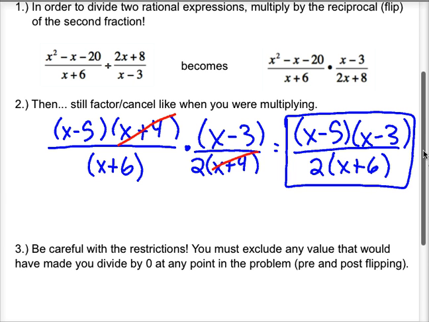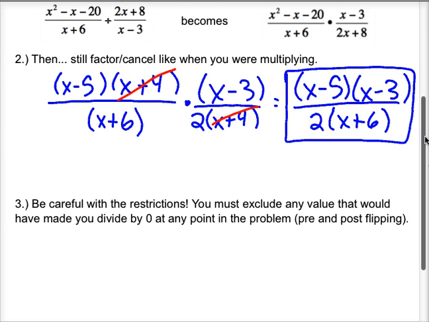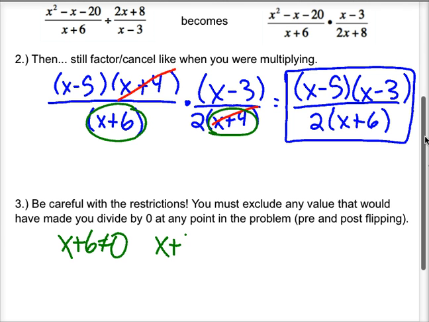while everything is the same, there is one little itty bitty complication that I need you to be aware of. All right, so stating the restrictions, stating the excluded values. You can easily see that x plus 6, that x plus 4.